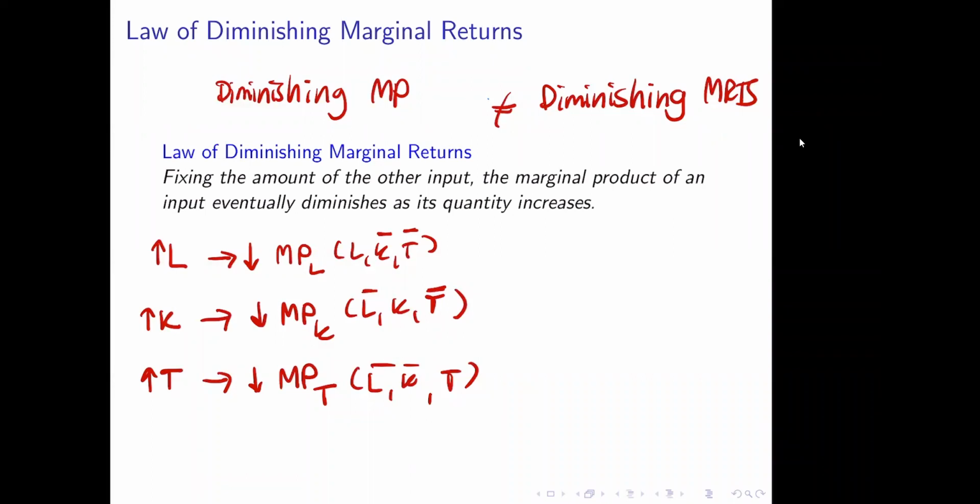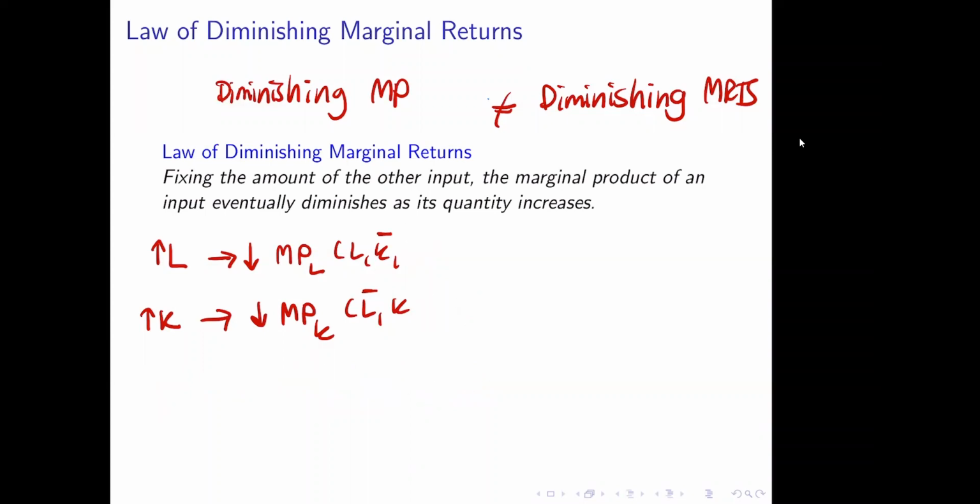So that is the idea of the law of diminishing marginal returns. When you fix all but one of the inputs and only increase that one, the marginal product of that input has to fall.